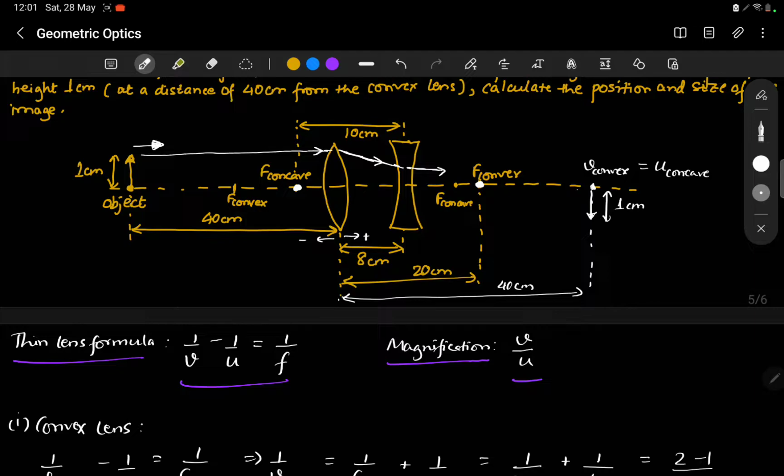But since we considered just the action of the convex lens first, this parallel ray that is coming from the top of the object will be, let's say, focused over there had the concave lens not been there.